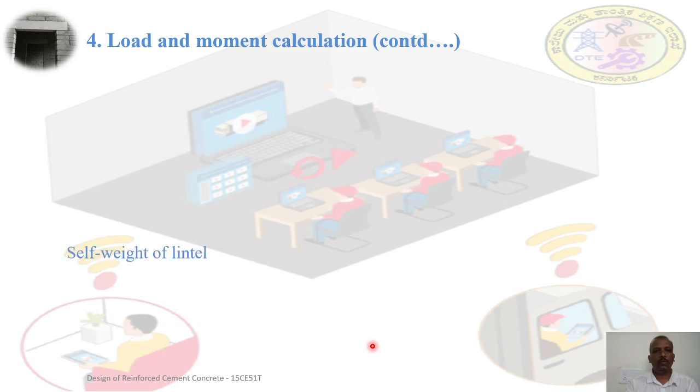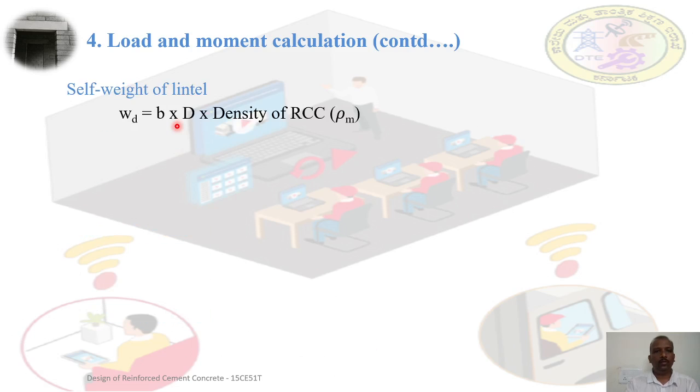Next, we also calculate the self weight of the lintel. As we already know, the self weight of the lintel is in the form of UDL. So that is equal to breadth into depth, that is the cross-sectional area, multiplied by the density of the concrete. We are getting 1.15 kilonewton per meter.